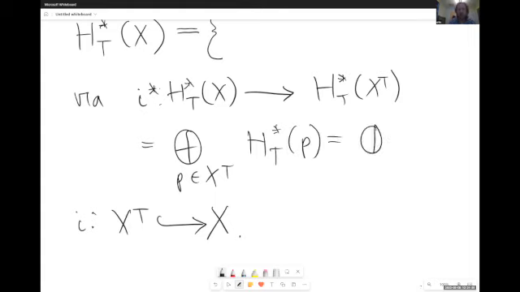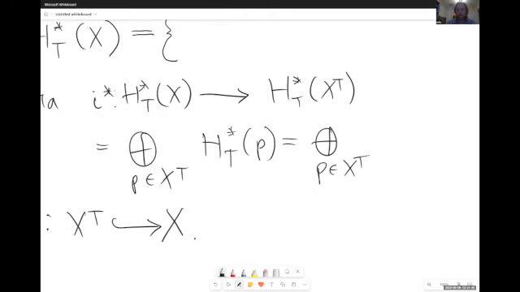And this in turn is equal to the direct sum over all P in X^T of the equivariant cohomology of a point, which is just a polynomial algebra. The number of variables is one variable for each generator of T, where U is C star.